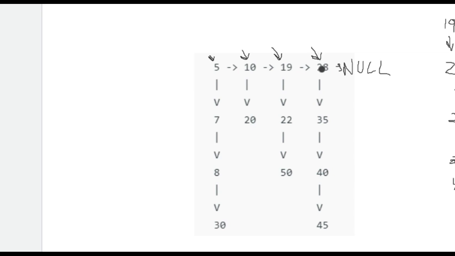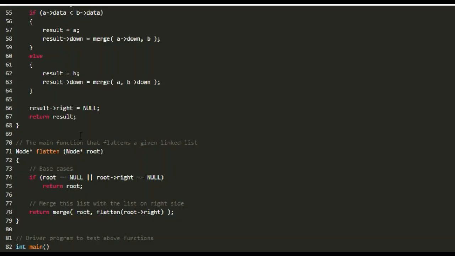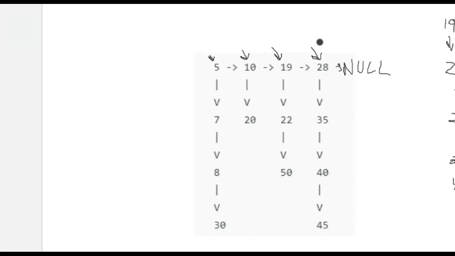And when we go there, it will find that the right node is null and the base condition is met. Therefore, it will return root. After that, it will go here, and here the function merge will take place, and it will flatten these two linked lists into one.